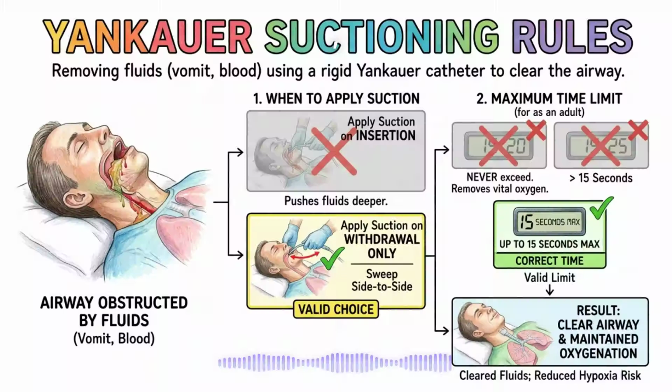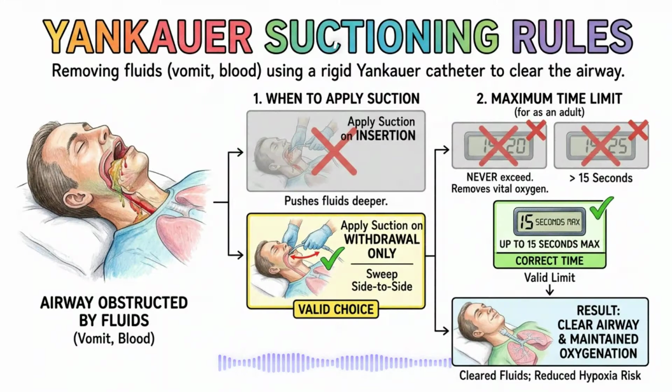Sometimes the airway is blocked by vomit, blood, or thick secretions, which means you must use a suction unit to clear the path. You will typically use a rigid plastic tip, known as a Yankauer catheter, to suction out the mouth and back of the throat.